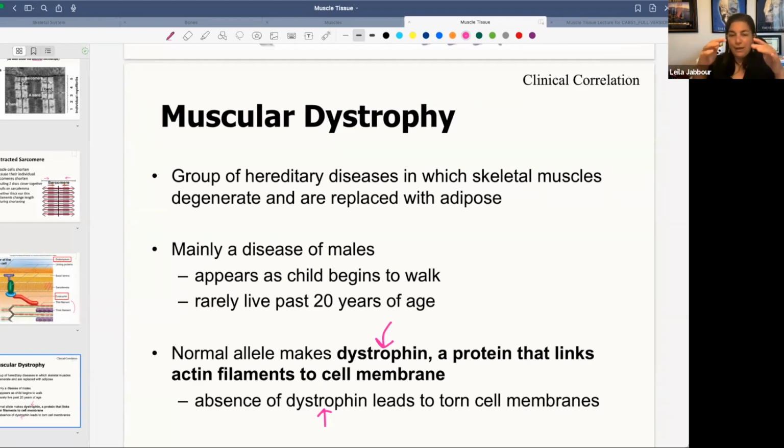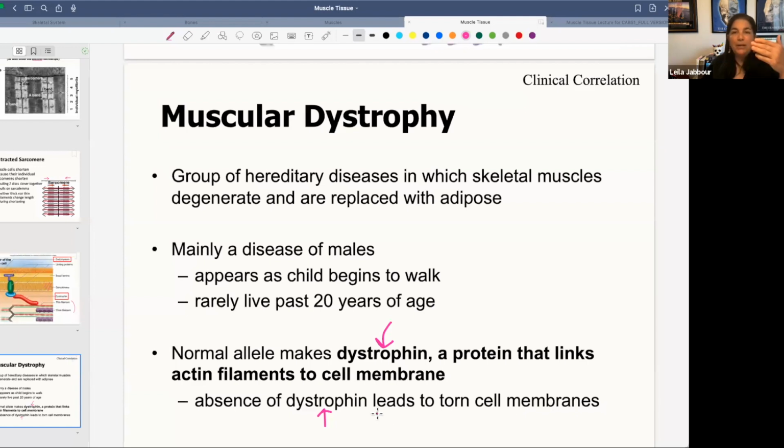I'm thinking if you have less of the molecule, then you have torn cell membranes because you do not have a uniform linkage of the entire contractile system to the entire membrane. When they're contracting, they're pulling more on one side than the other, and then the cell tears. I'm assuming it's a matter of abundance or lack of dystrophin that leads to torn cell membranes.